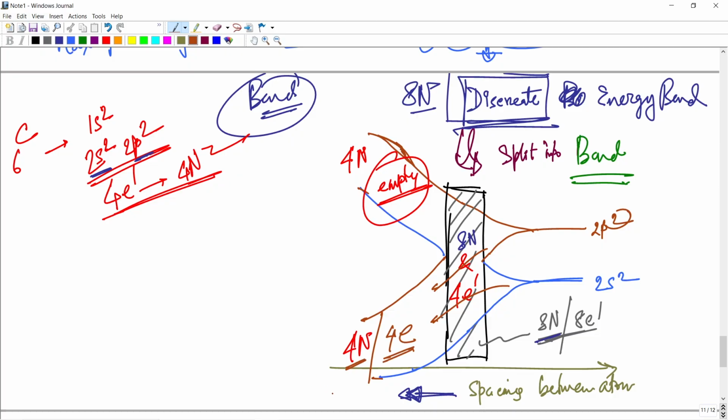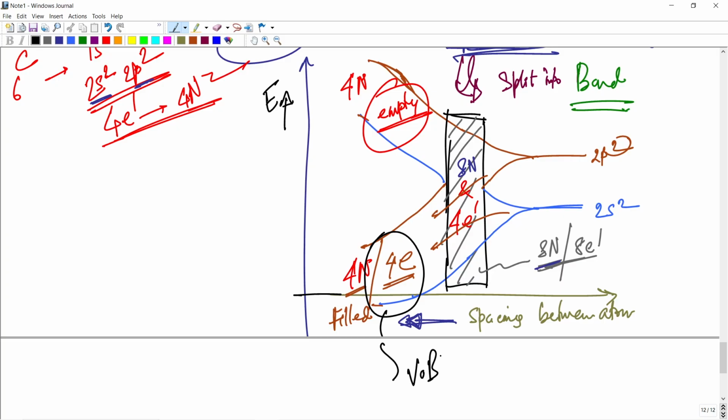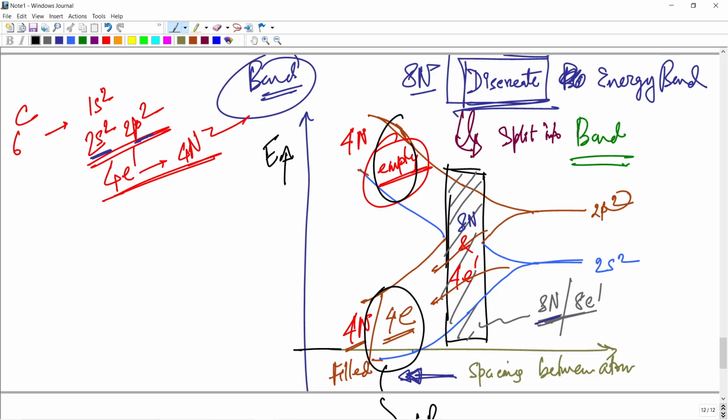These are filled, and that's why this band is called the valence band, and this band is called the conduction band. The conduction band is empty, no electrons here, and here there are 4n states and 4 electrons.